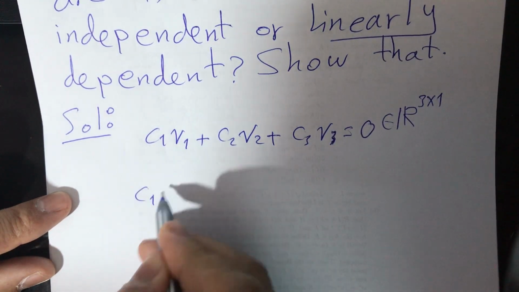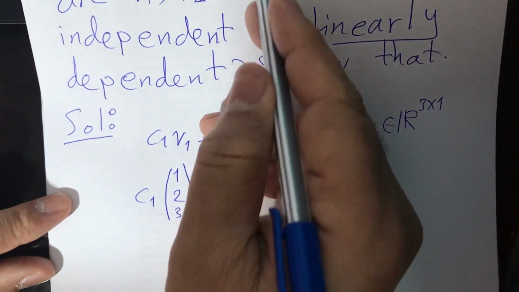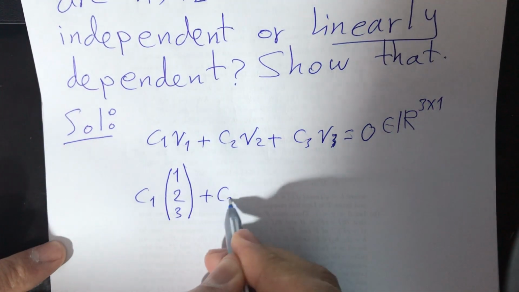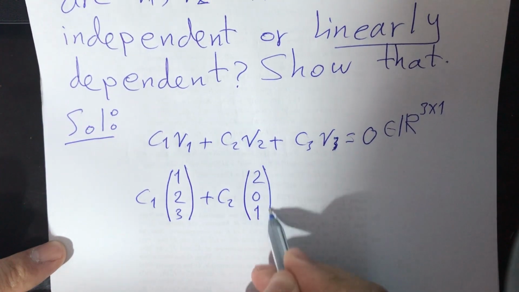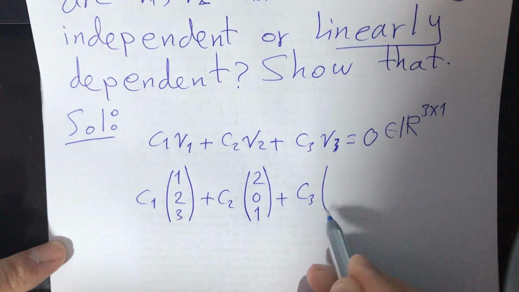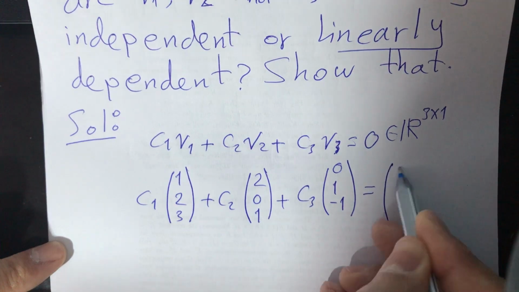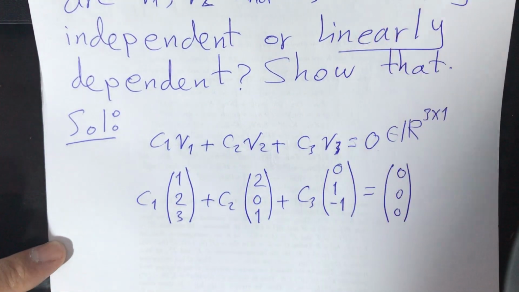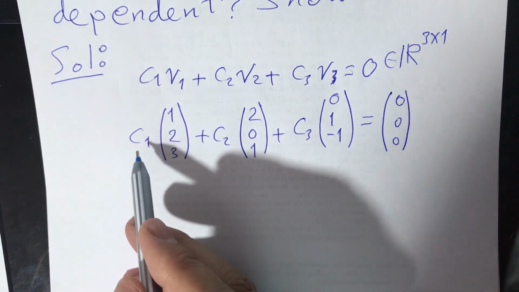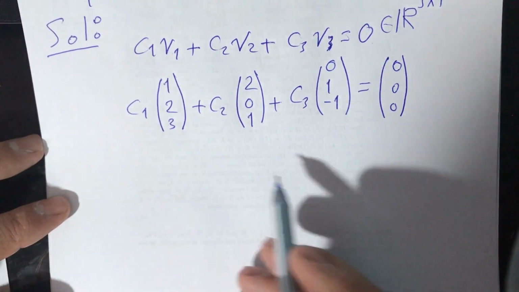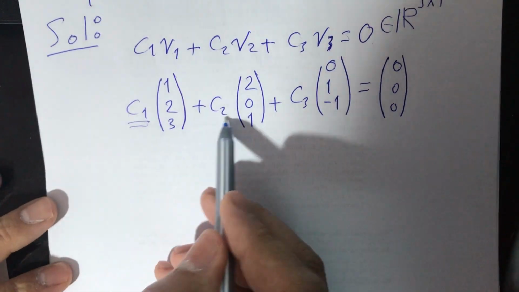So C1 times (1, 2, 3), this is V1, plus C2 with V2, which is (2, 0, 1), plus C3 with V3, which is (0, 1, -1). This is equal to (0, 0, 0) because this is in R3,1. So now we can move these real numbers inside the vector and sum them and try to compute the values of C1, C2, C3.